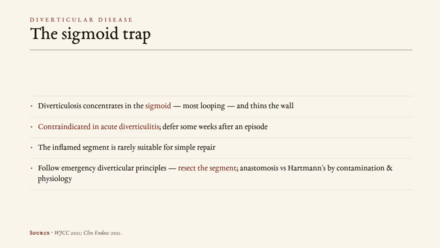Second, diverticular disease. Diverticulosis concentrates in the sigmoid, the very segment most exposed to looping, and it thins the wall. Colonoscopy is contraindicated during acute diverticulitis and deferred some weeks after an episode. When perforation occurs in a diverticular sigmoid, that inflamed segment is rarely suitable for simple repair.